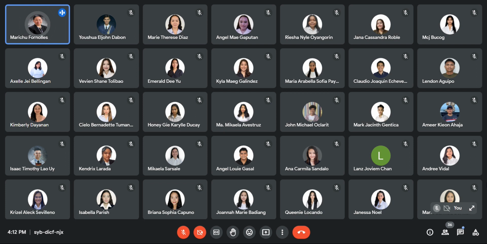So there are 3 possible sources of where the units come from. One is it can be from work in process beginning. In other words, there were some units that were started last month, but they were not completed yet as of the end of last month.